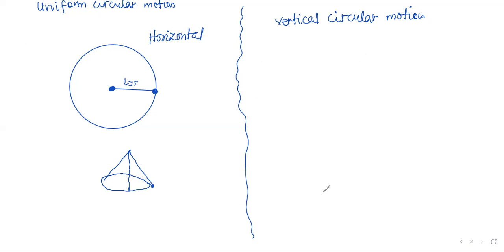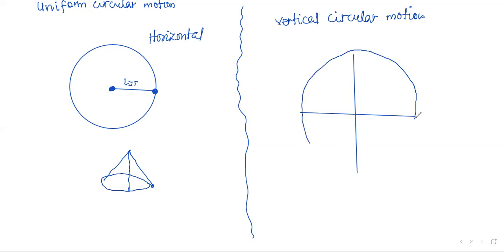The roller coaster moves along the vertical plane. So here, the object is whirled along the vertical plane, so the direction of motion of the object is along the vertical plane. And in this one, the object moves along the horizontal plane.